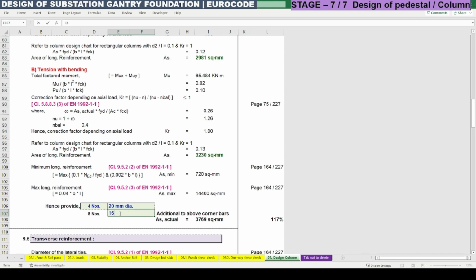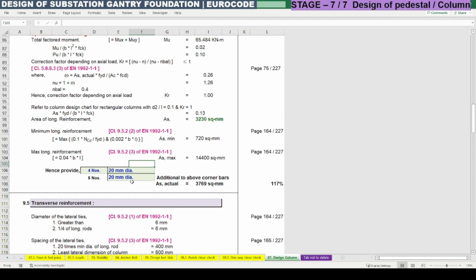If it is 16 mm diameter, then 12 numbers of intermediate reinforcement are required, so 12 plus 4 in corners, 16 reinforcement bars are required. In that, 20 mm is 4 at corner and 16 mm diameter as intermediate. So we can provide 20 mm in all intermediate and corner, so that 12 numbers of reinforcement are required.